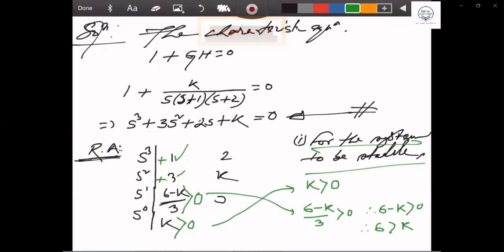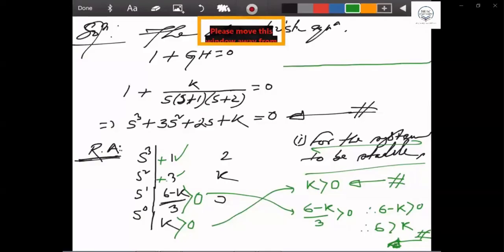So one condition we get is K is more than 0. Another condition we get is K is less than 6. These are the two conditions we get for K for the system to be stable. What does this mean? If you look at this graph I'm showing here, consider that K equals 0 here and this is equal to 6.